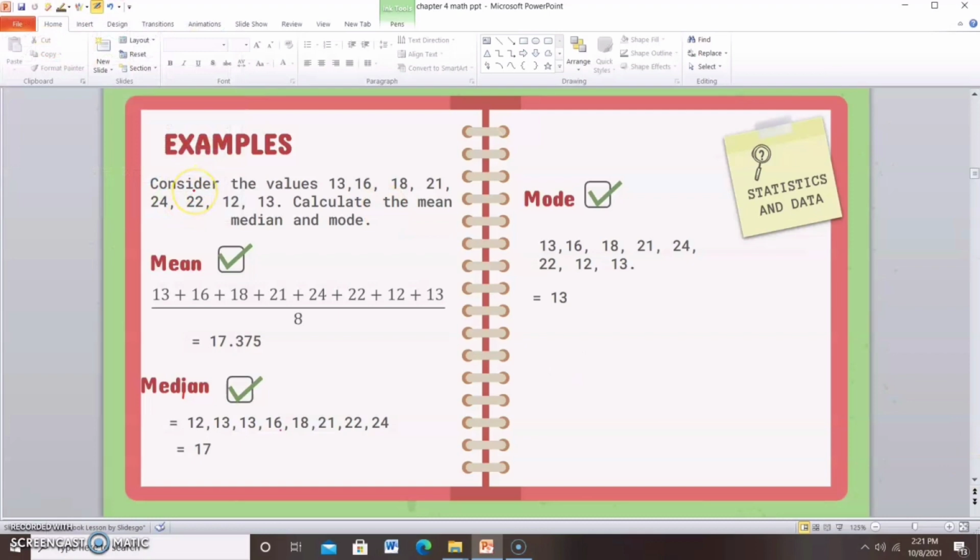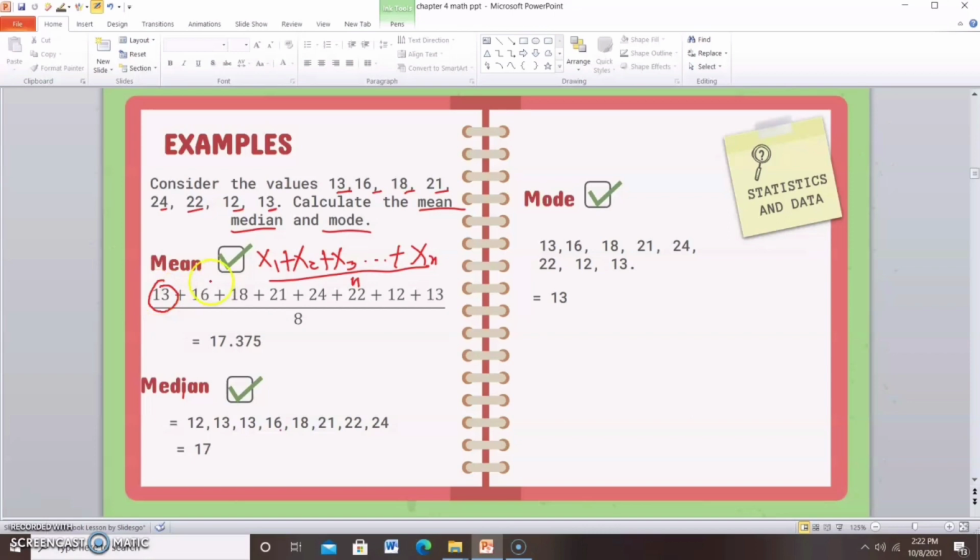Example: consider the values 13, 16, 18, 21, 24, 22, 12, and 13. Calculate the mean, median, and the mode. First, for the mean, the formula is x sub 1 plus x sub 2 plus x sub 3, and so on, plus x sub n over n.